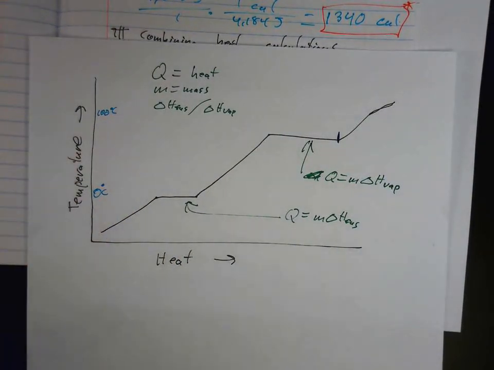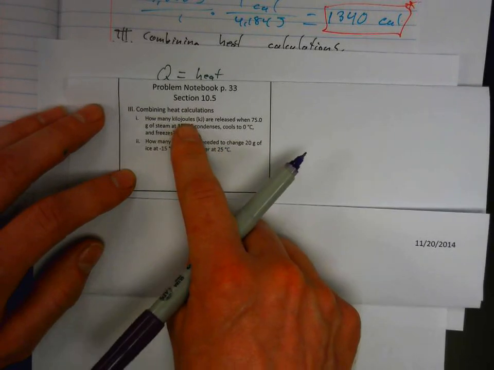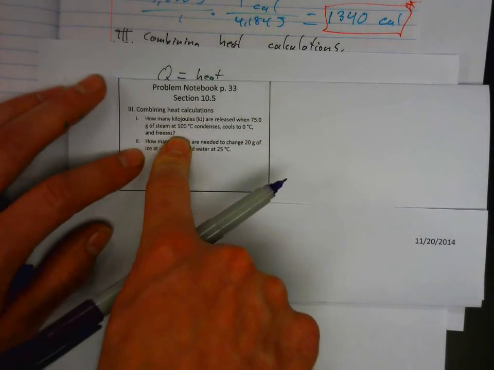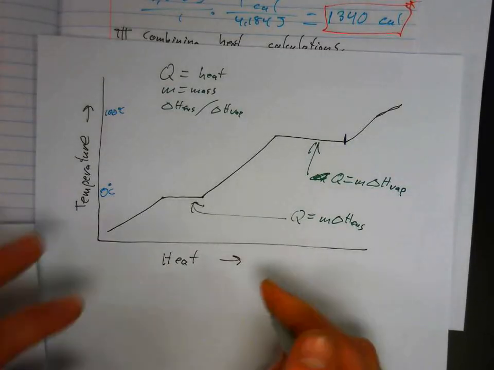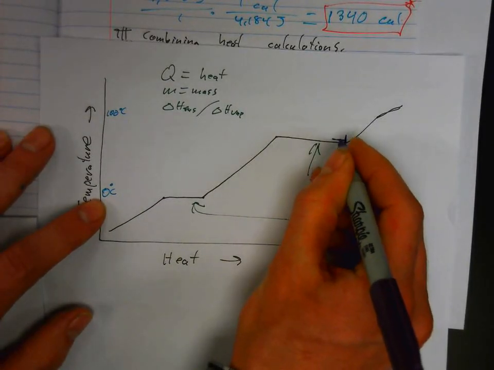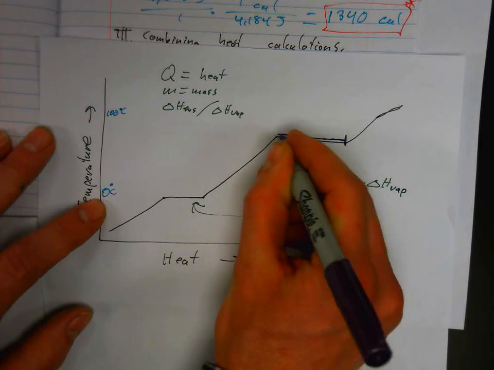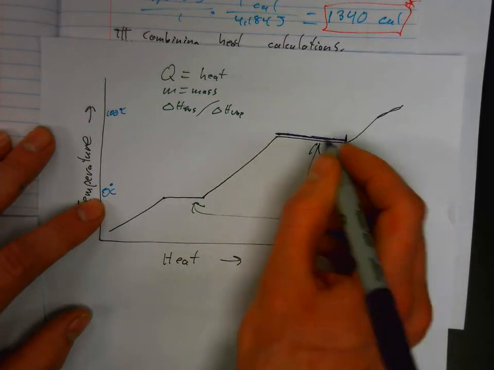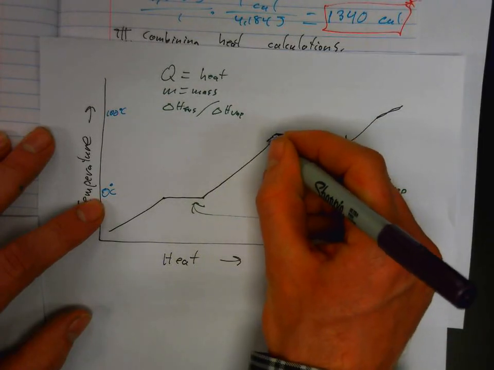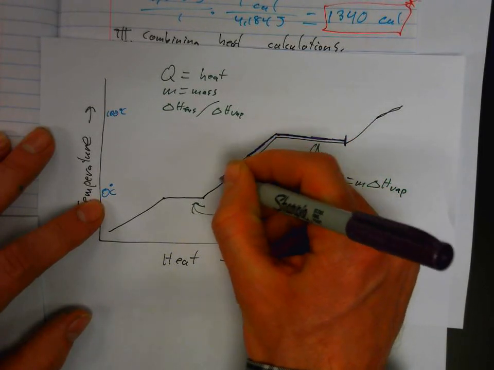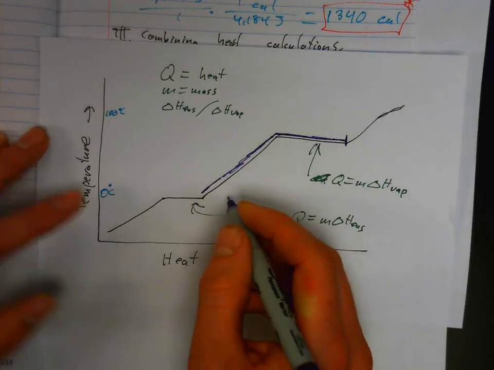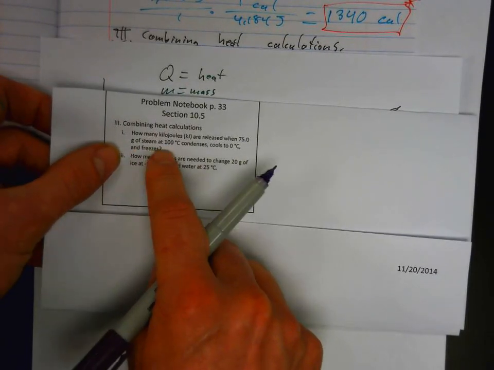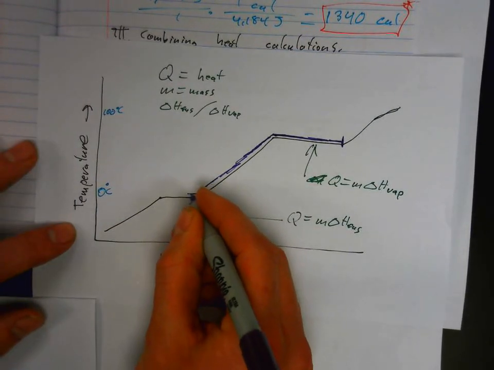Steam at 100 degrees Celsius. Now it condenses and it cools to 0 degrees Celsius and completely freezes. So it goes through this phase change all the way, so it condenses all the way, then it cools all the way to 0 degrees Celsius, and then it completely freezes at 0 degrees Celsius.